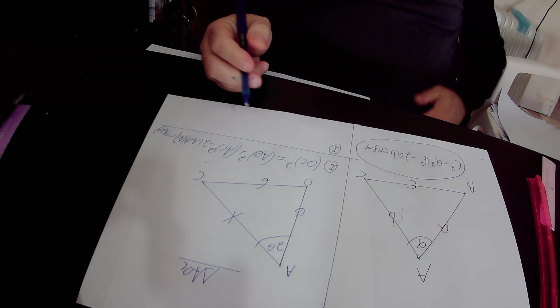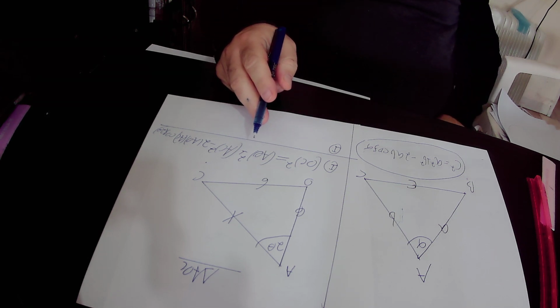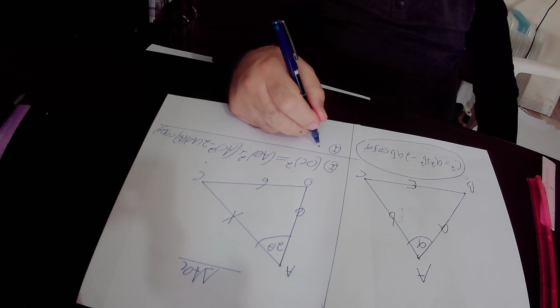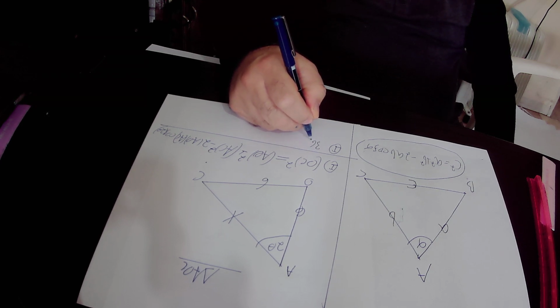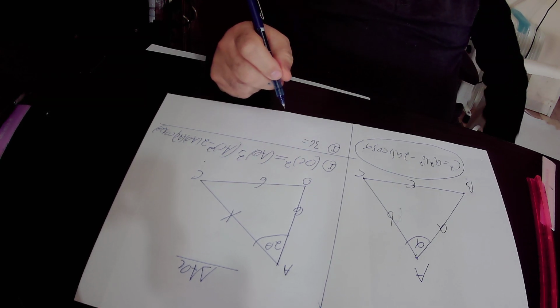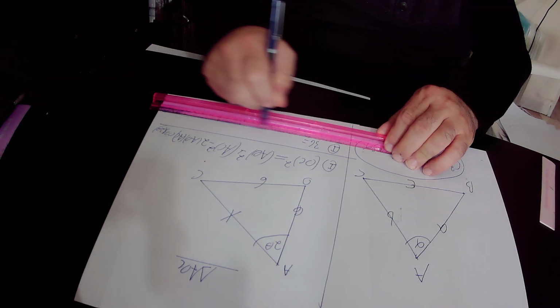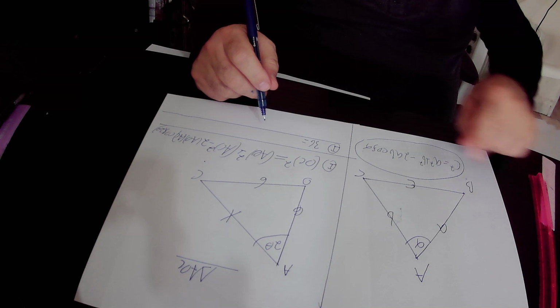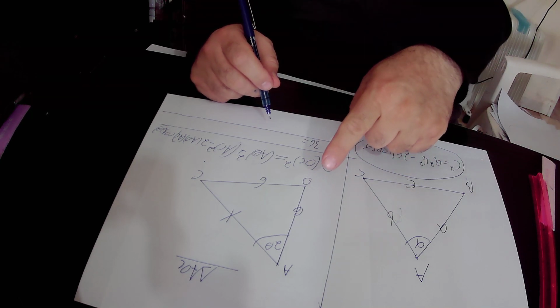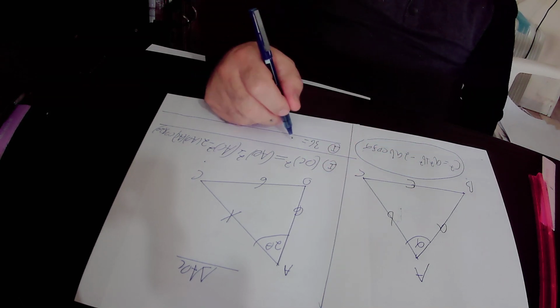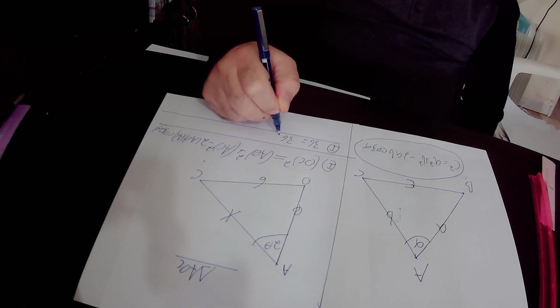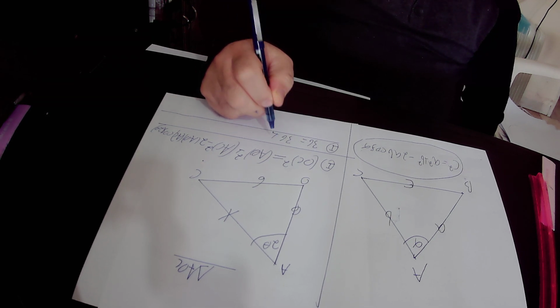So OC equals 6 units, so OC squared is 6 squared, that is 36. That is equal to AO squared. AO is also equal to 6, so AO squared will be equal to 6 squared, that is also 36. Plus AC squared.